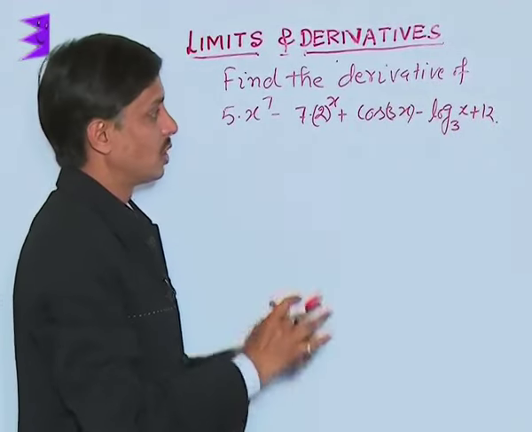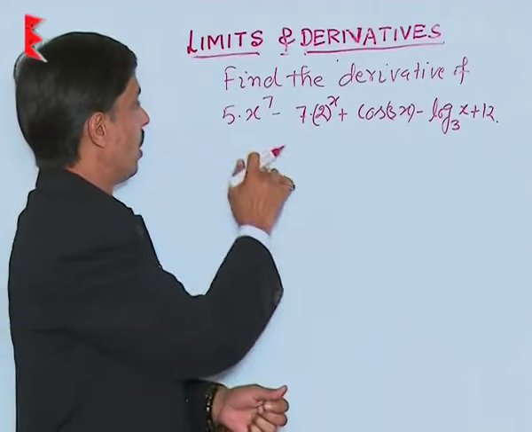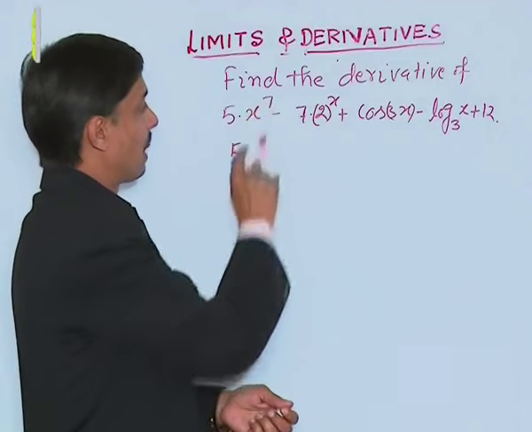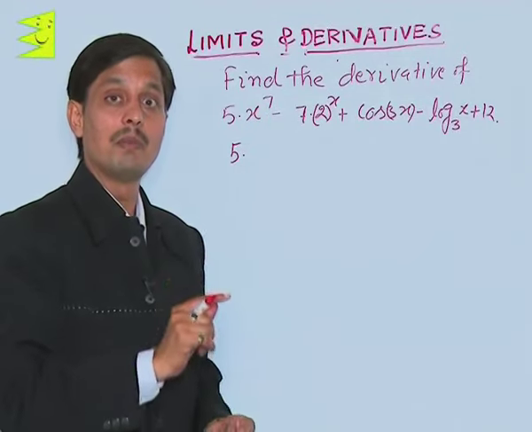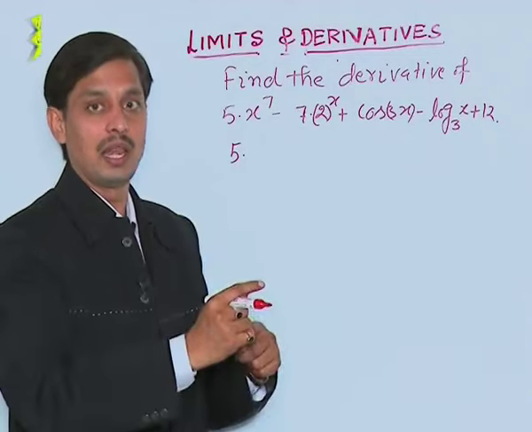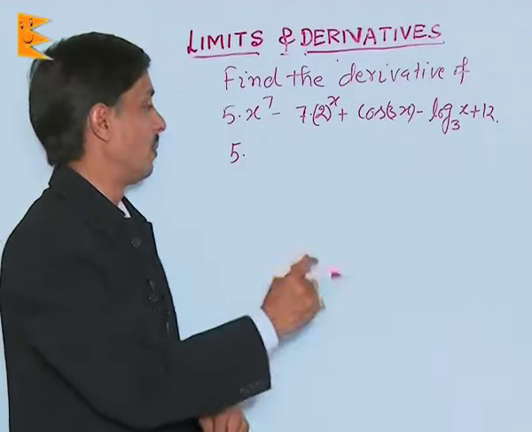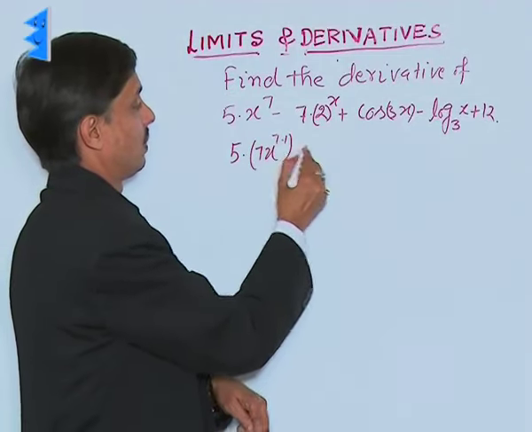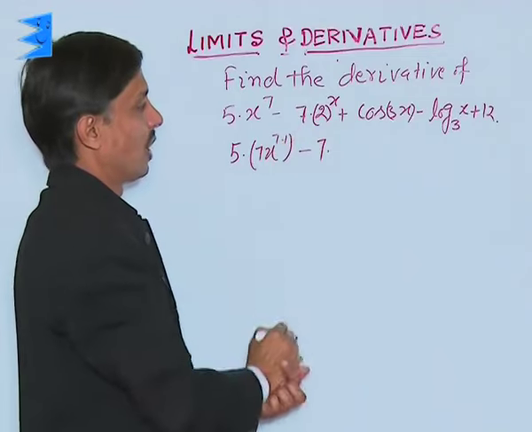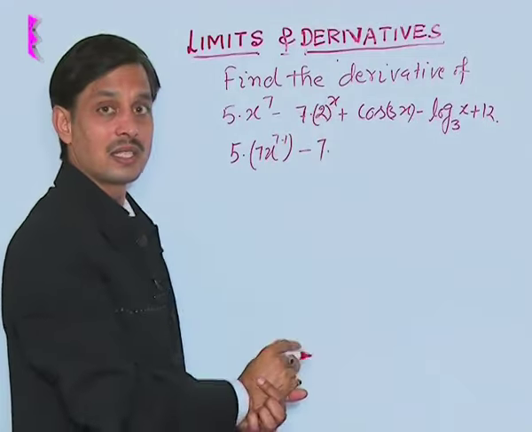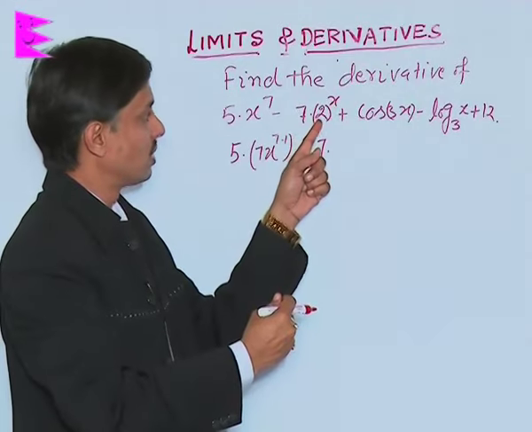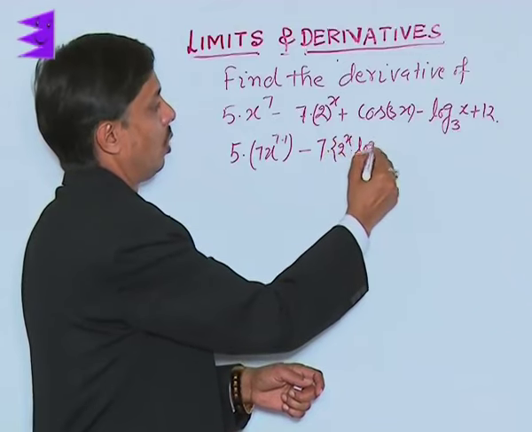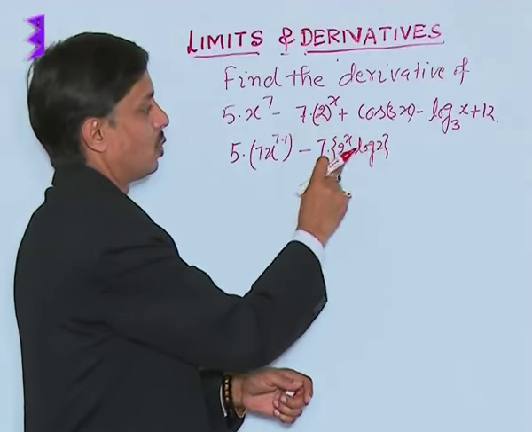If this problem is to be solved, 5 is in multiplication, so it will remain 5, and for x to the power 7, the answer is obtained by using the formula that x to the power n gives n x to the power n minus 1. So this will give us 7 x to the power 7 minus 1. Minus 7 is in product with 2 raised to the power x. The derivative of a to the power x is a to the power x into log of a, with base 2 here.